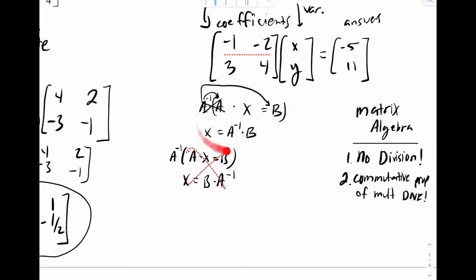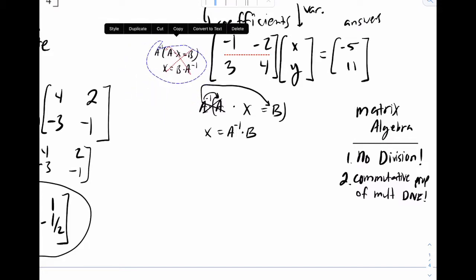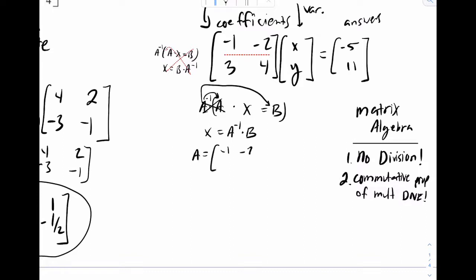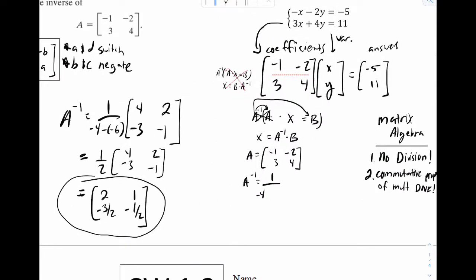So here's our matrix algebra. All we need to do to find our matrix X, our answer, is figure out A inverse and multiply it by B. So there's A. Let's find A inverse. So 1 over the determinant, that's -4. Oh, we did that already. Let's erase this.